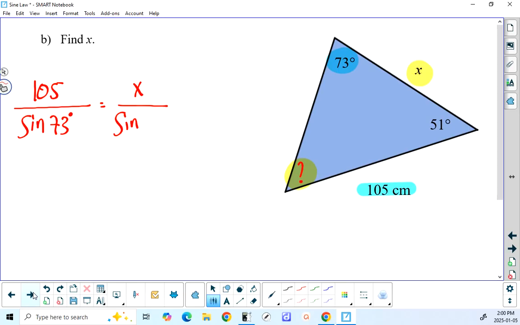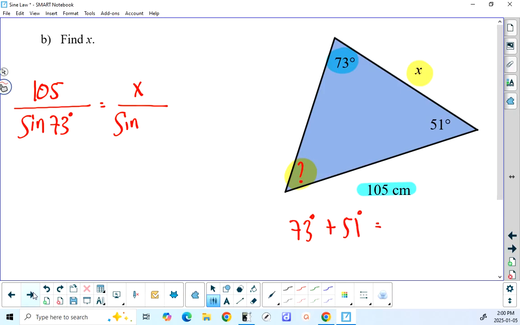We need to know that angle because it's across from the side we're trying to find. Well, that's child's play. That's like taking candy away from a baby. You have a triangle that you're looking at. You know two of the sides, you know two of the angles have measures of 73 degrees and 51 degrees.